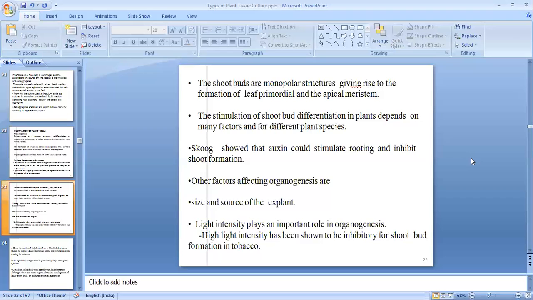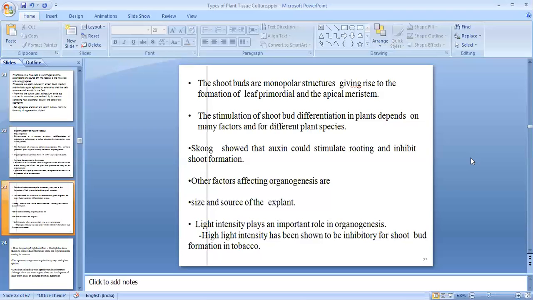Apart from this, other factors which affect organogenesis are the size and source of the explant. That means what size you are taking. Already I told you, if your explant is bigger, there will be more complications. So the size of the explant you are taking should be minimal. And also the source of the plant: the plant should be well matured and healthy enough to have totipotency.